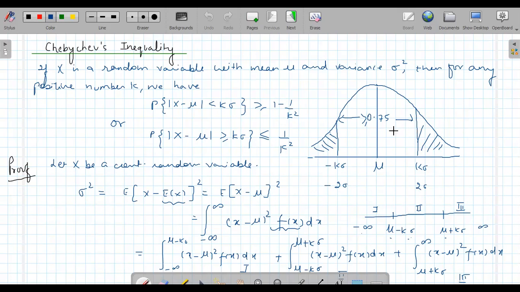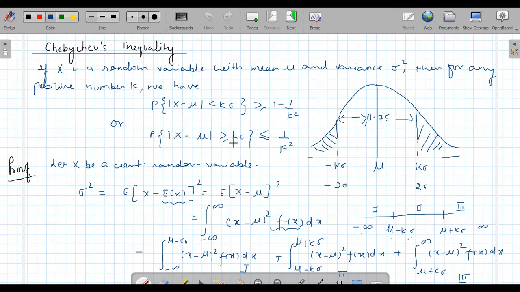That is 0.75. That means the area lying between minus 2 sigma and plus 2 sigma, or the value of z, because in a standard normal curve x is converted into z. So z lies between minus 2 sigma and plus 2 sigma. This probability or the area between minus 2 sigma and plus 2 sigma is greater than or equal to 0.75.